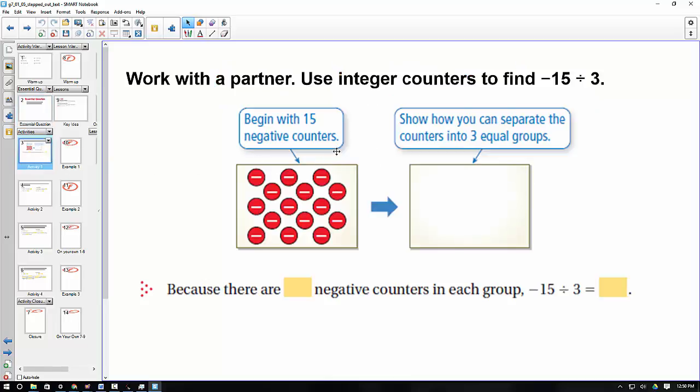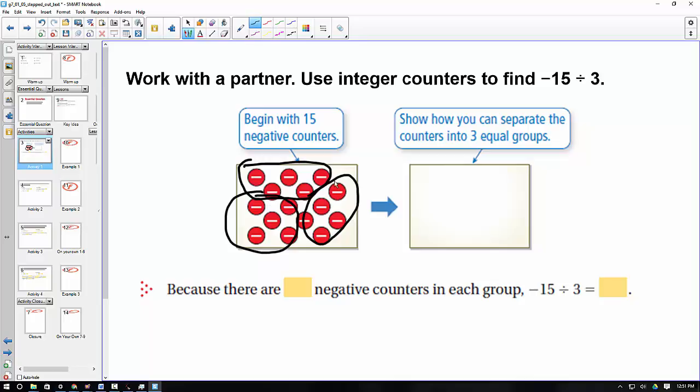I begin with 15 counters, and they want to put them into 3 equal groups, right? So if I go through here and I figure out 3 equal groups, I have to go through and circle. So I will have, let's say, 5 here, 5 here, and 5 here.